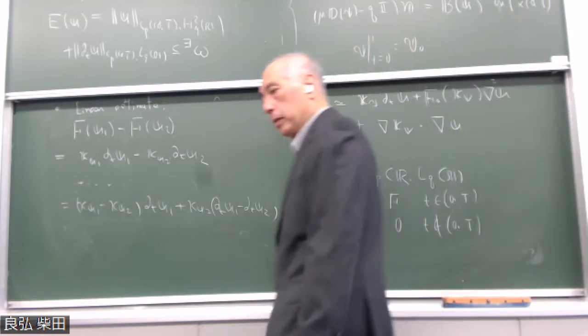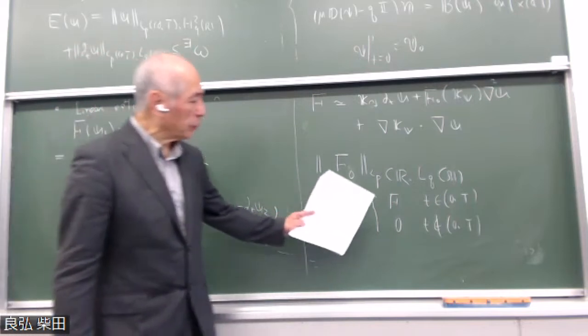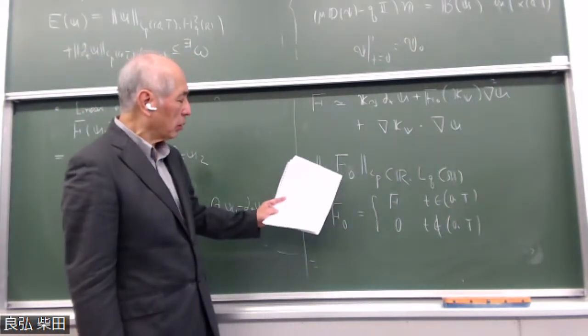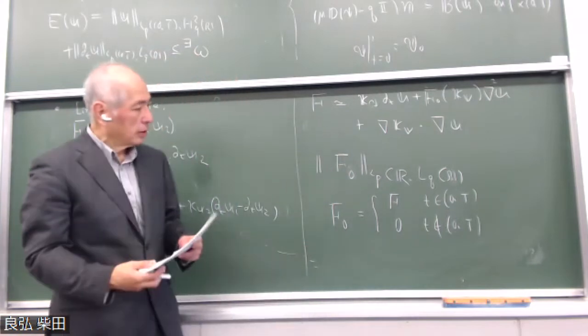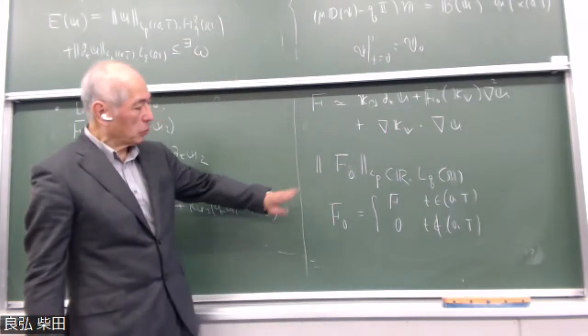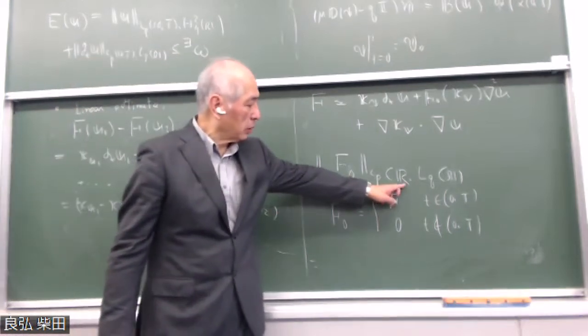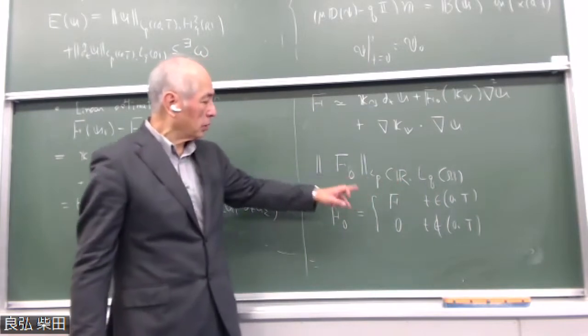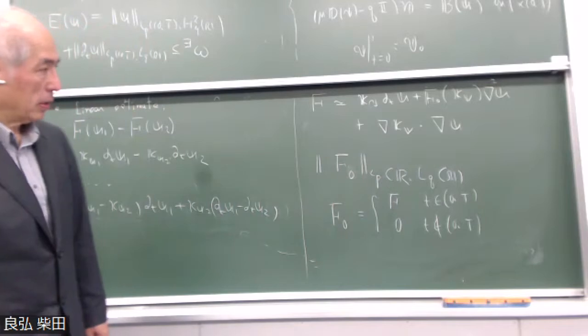The problem is if the nonlinear term has a time derivative. In that case, the extension is much more complicated, but for only the L_p norm in time, the extension is just a zero extension.